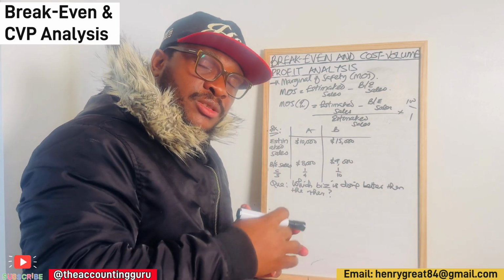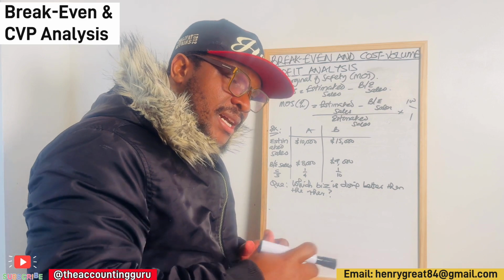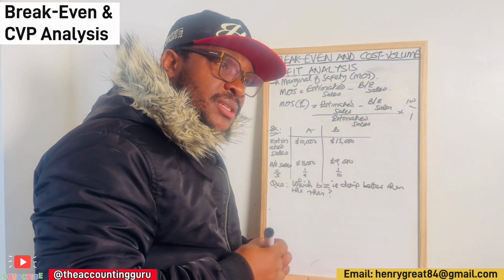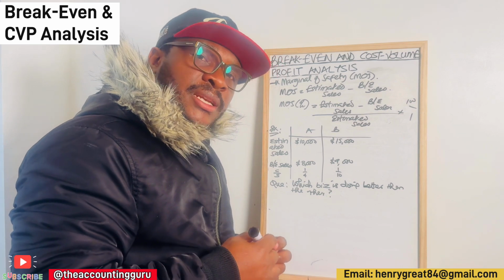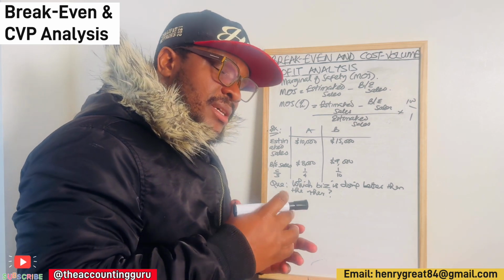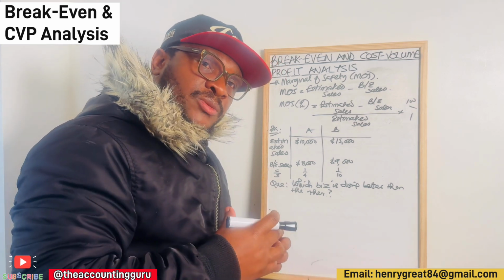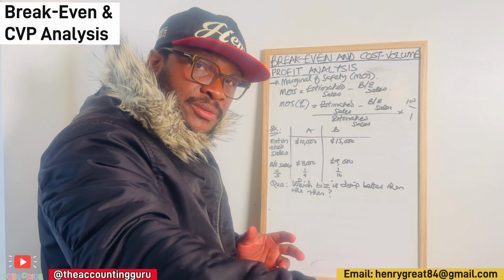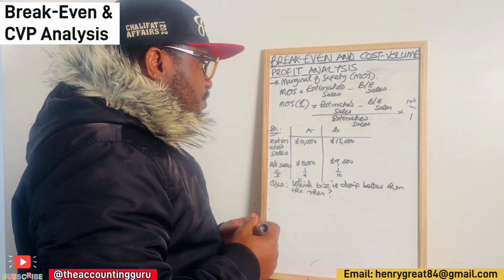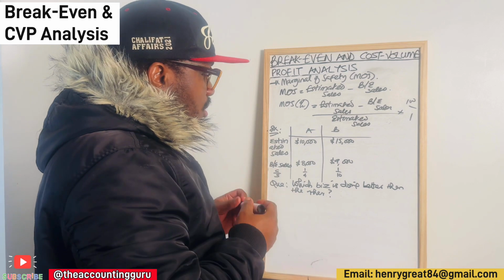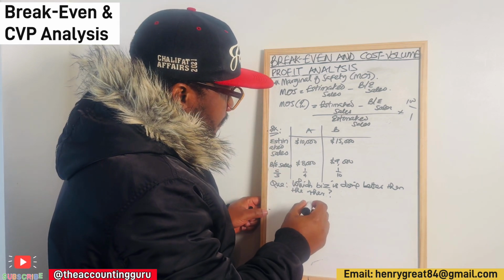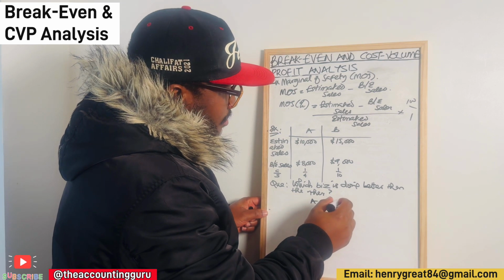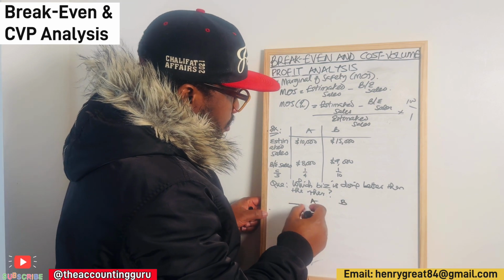The lower the margin of safety, the higher the business risk, which means at any point in time, it is always important that your estimated sales and break-even sales are far apart. All right, look at these two businesses. What will be the margin of safety for business A? What will be the margin of safety for business B?